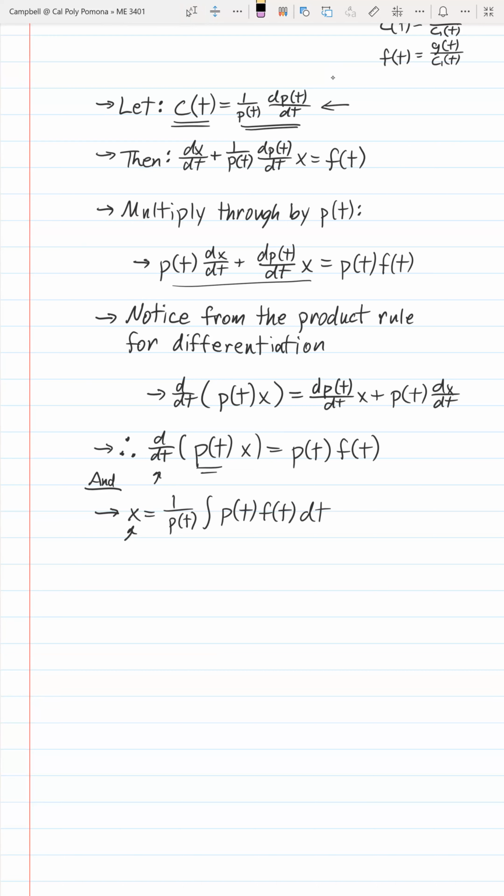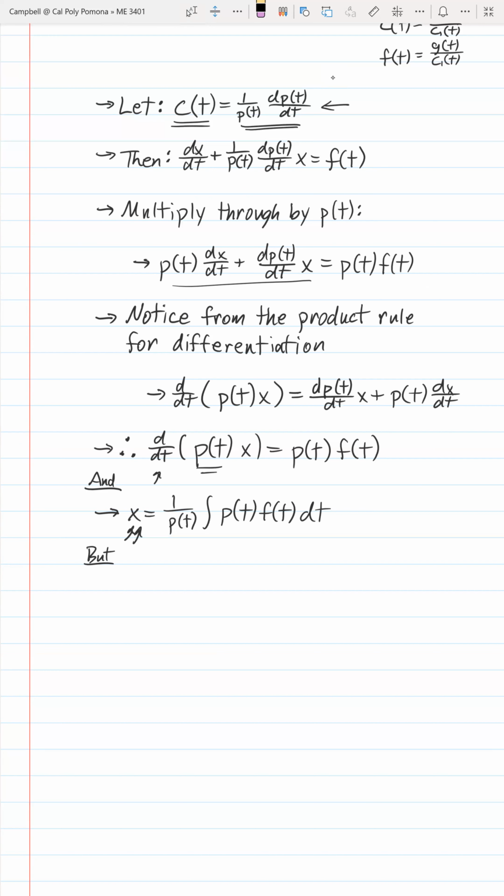Let's go back up to that and see if we can figure out a way to come up with an expression for p of t. And if we can, then we're done. We have the solution half, and then the other half that allows us to find the function. So let's see if we can work that other half.